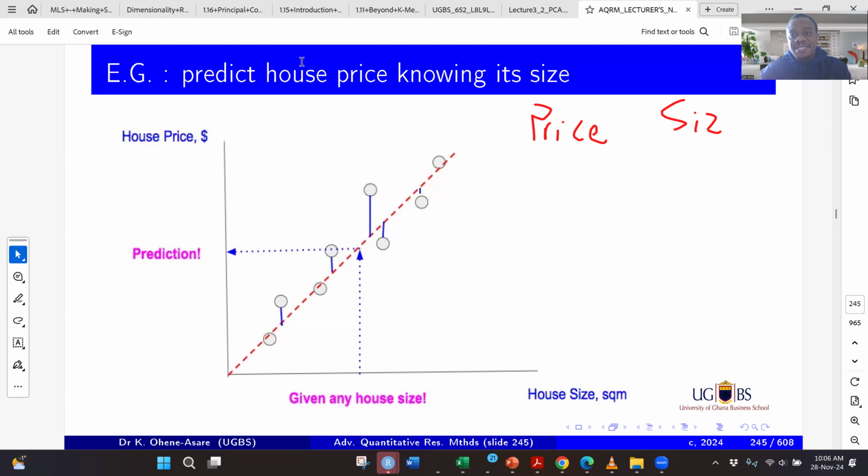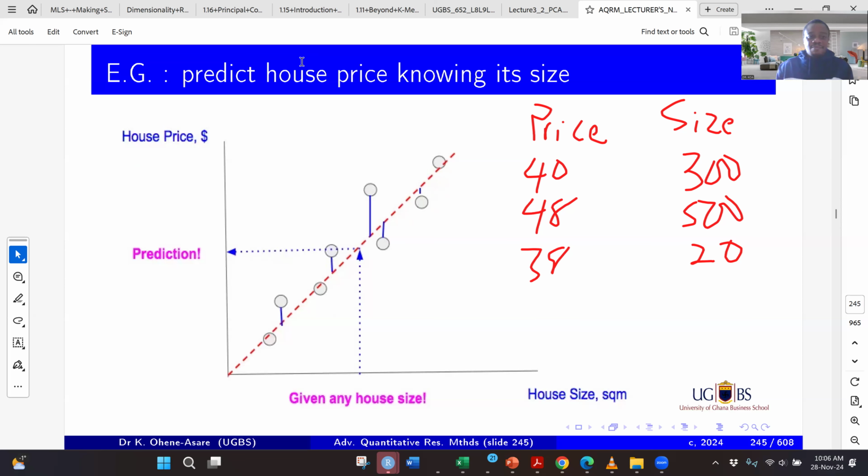Let's say that when the size of the house is 300 square meters, the price is $40,000. When the size goes up to 500 meters, the price goes to $48,000. When it is 200 meters, the price is $38,000, and on and on.